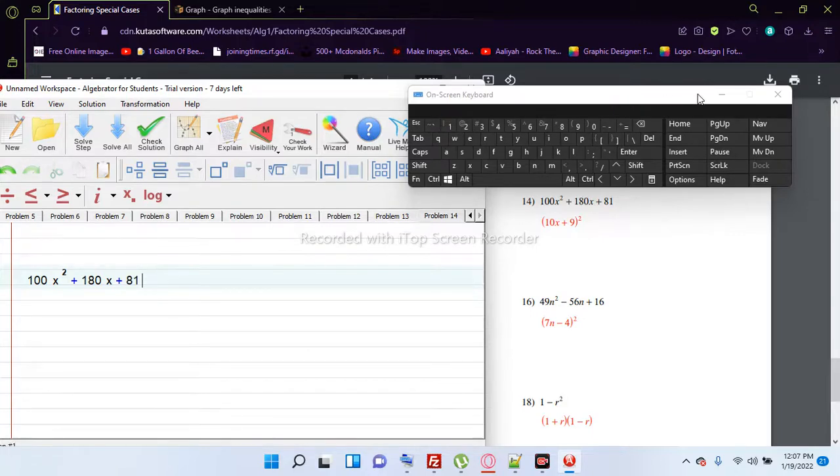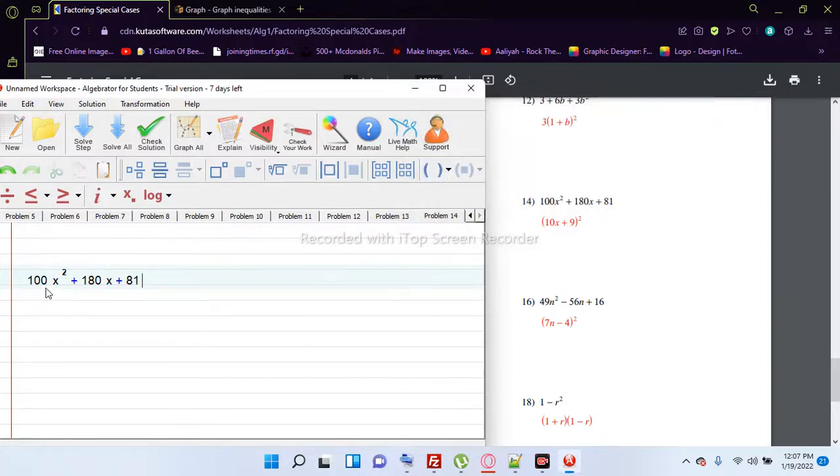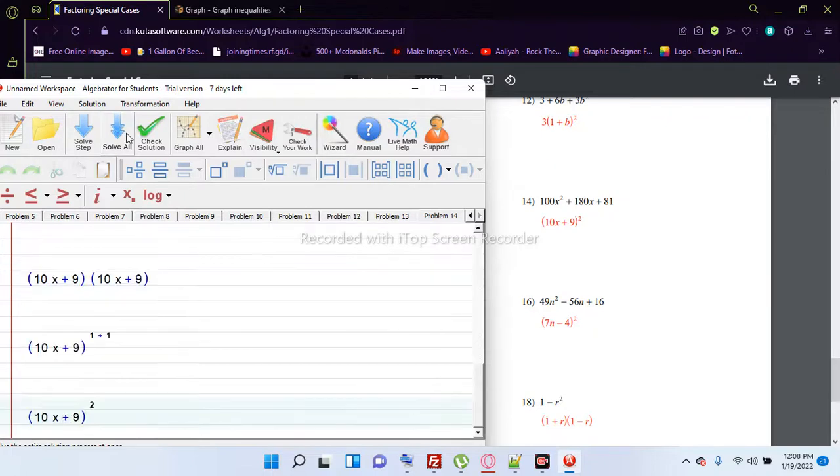Okay? 100x squared plus 180x plus 81. We should get an answer of 10x plus 9 in parentheses squared. Okay? So we go again, solve all. 10x plus 9 in parentheses squared. Same thing as we have on the paper. So as you see, this Algebrator is awesome.